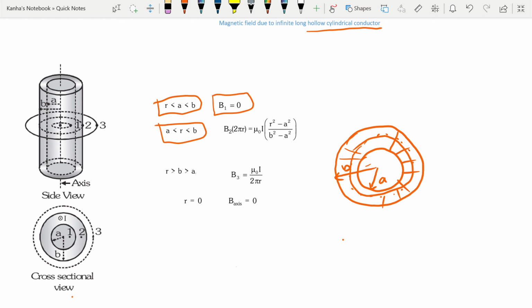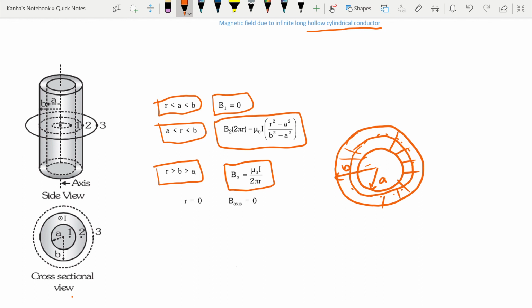When you do this, you get B times 2 pi r is equal to mu naught I times r squared minus a squared by b squared minus a squared. Similarly, for the case of r being greater than b, this reduces to mu naught I by 2 pi r, which was the case for the solid cylinder as well.